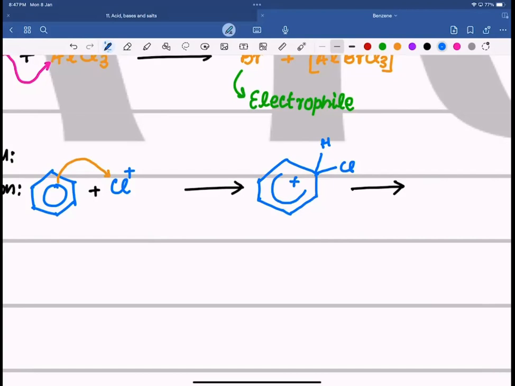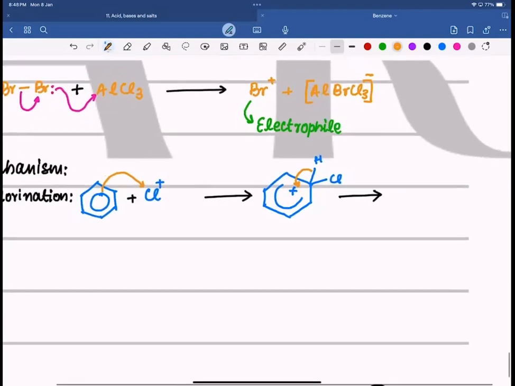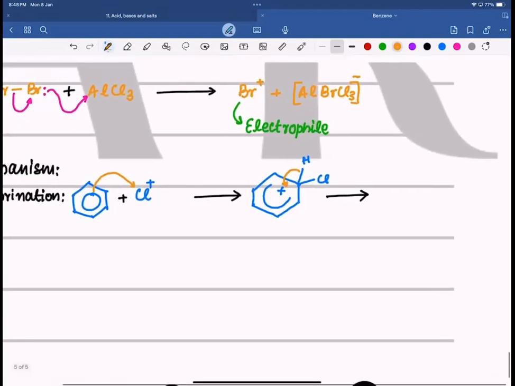But now what will happen? The carbon breaks the bond with the hydrogen, takes the pair of electrons and introduces it back into the pi system to restore the pi system again. So a hydrogen ion is released, and that hydrogen ion interacts with the catalyst. We know the catalyst remains unchanged at the end of the reaction.